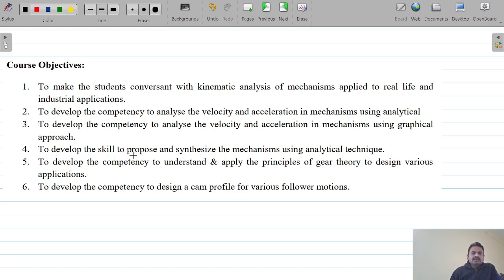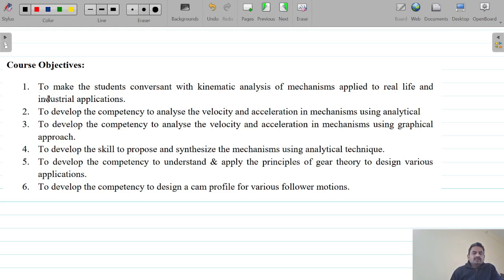Fourth, to develop the skill to propose and synthesize mechanisms using analytical techniques. Fifth, to develop the competency to understand and apply the principles of gear theory to design various applications. Sixth, to develop competency to design a cam profile for various followers.